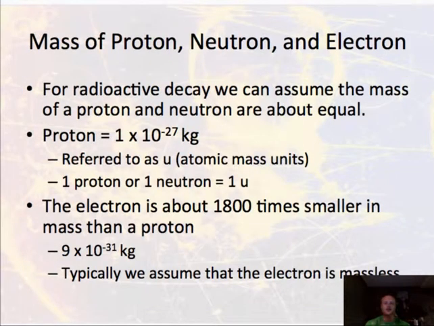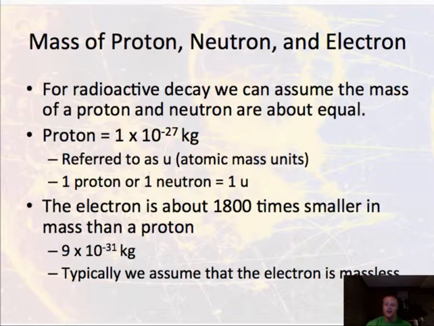Now, in the previous lesson, we were really concerned about the various masses of protons, neutrons, and electrons. We got real particular about it. In this lesson, if it makes you feel better, we don't care quite as much about particular masses. So we're going to go back to assuming protons and neutrons are about equal in their mass, and one proton or one neutron is typically referred to as 1u, or 1 atomic mass unit.